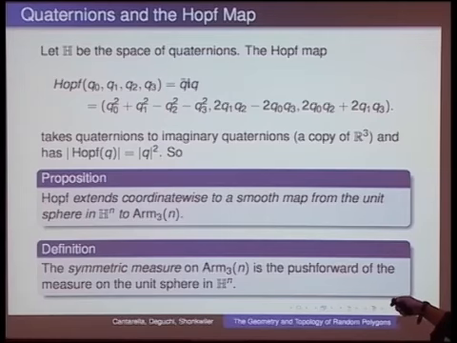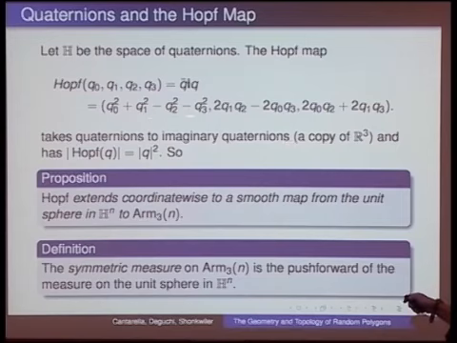And if I write down the following quadratic form on the space of quaternions, just take your quaternion, multiply on the left by the quaternionic i, and then multiply on the left again by the quaternionic conjugate, which just, as before, reverses the sign of all the imaginary stuff, then this thing gives the Hopf map. And that gives these 3 quadratic polynomials in the 4 coordinates, which turn out to have wonderful geometric and topological properties.